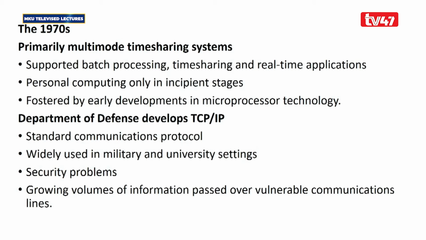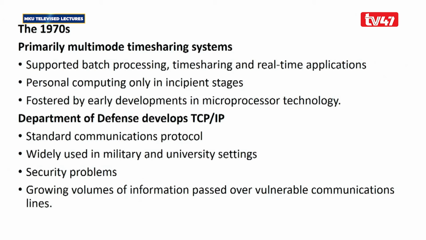And then we had personal computing only in incipient stages, fostered by early development in microprocessor technology. If you remember well, in the history of computers in the 1970s, that's when we had microprocessor technology coming on board. And then the TCP/IP protocol was developed, and standard communication protocols came into existence.